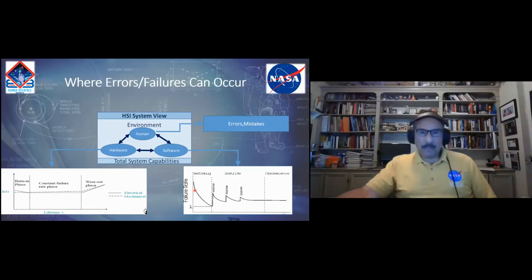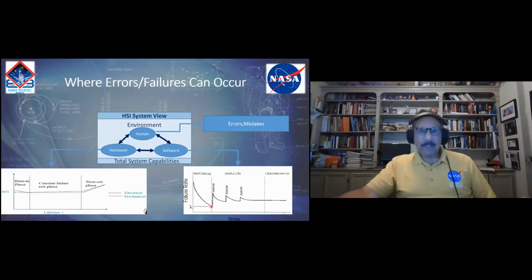If you have a large number of lines of code when you first produce your first software, you're going to have a high failure rate because you didn't get all the errors out. But as you continue using the software and evaluating it, the error rate goes down until you get to a minimal point where the failure rate is at a minimal known rate.